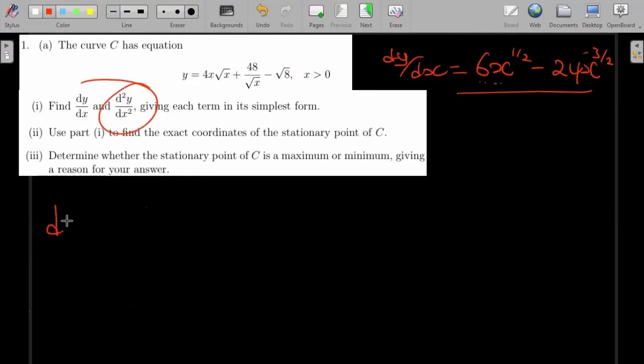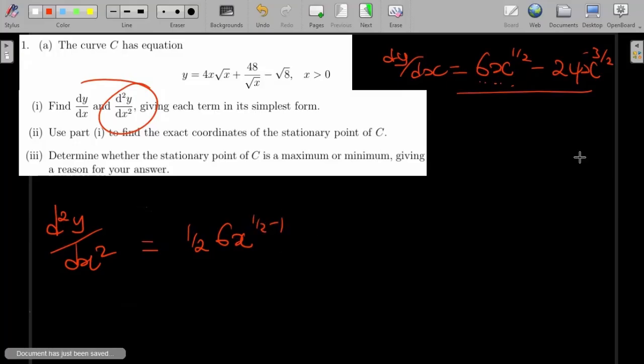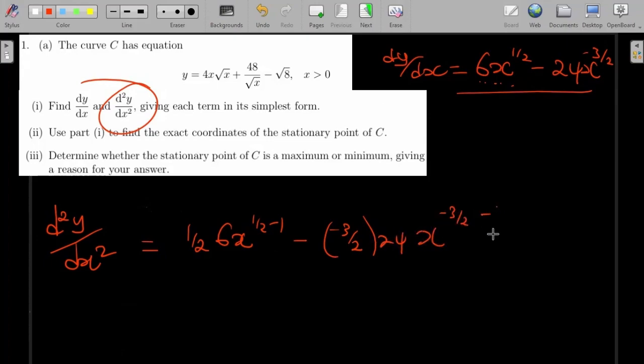So I'm going to say d2y dx2 will be equal to, so we differentiate this. So the half drops, so it will be half, and then 6x, and then half minus 1. And then this minus 3 over 2 will also drop, so I have a minus, and then the minus 3 over 2 will drop, then I have 24x to the power minus 3 over 2 minus 1.